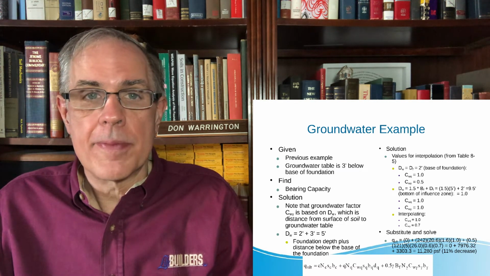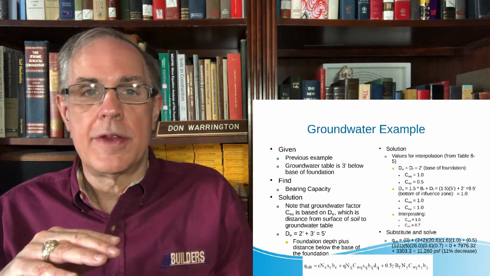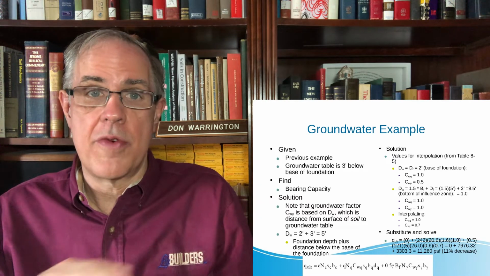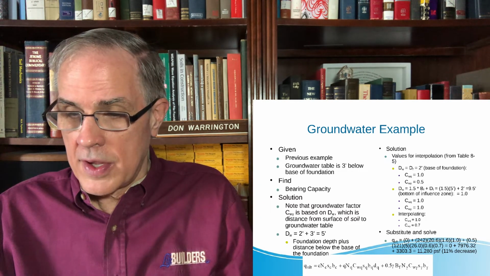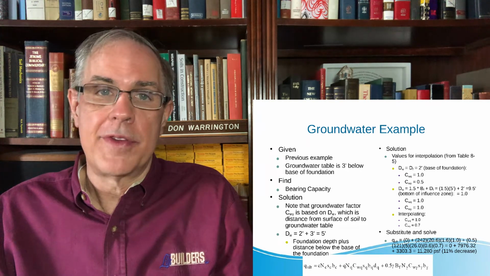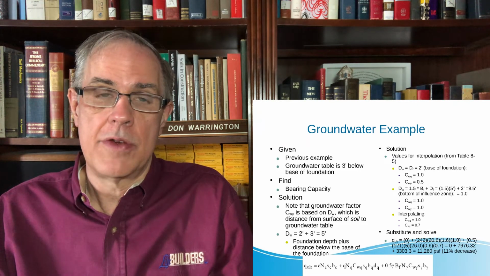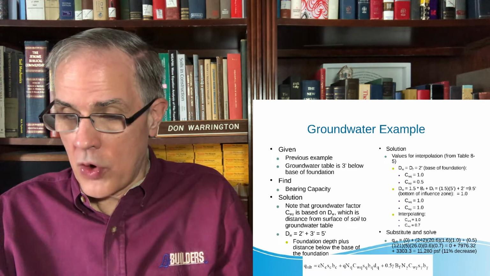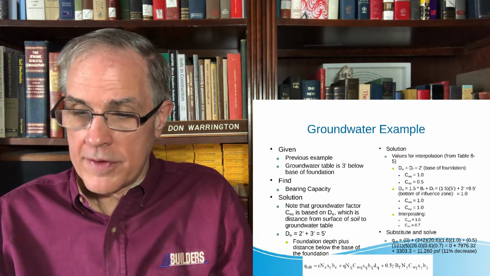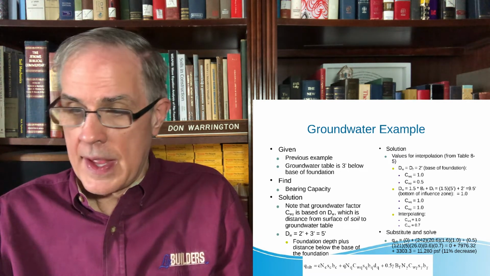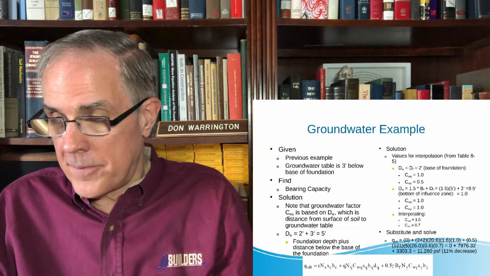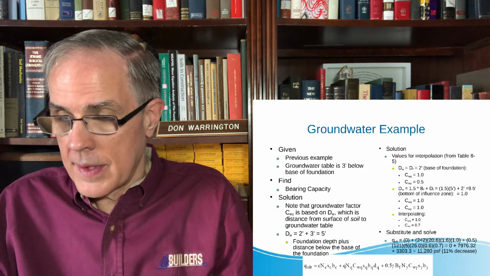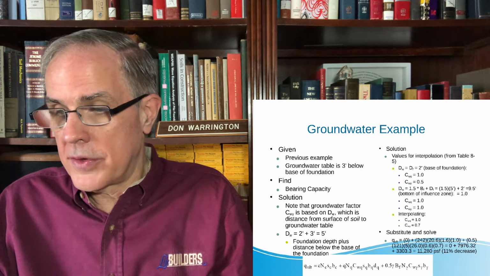One of the datums is the surface of the soil. The other one is the base of the foundation. The groundwater factors are actually based upon the surface, and you need to be aware of that. So the depth of the water is 5 feet, and therefore for the CW gamma, they're basically an interpolation.